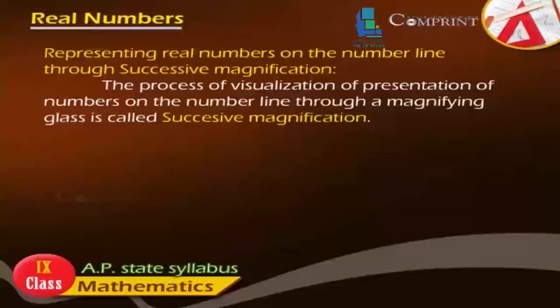Representing real numbers on the number line through successive magnification. The process of visualization of representation of numbers on the number line through a magnifying glass is called successive magnification.